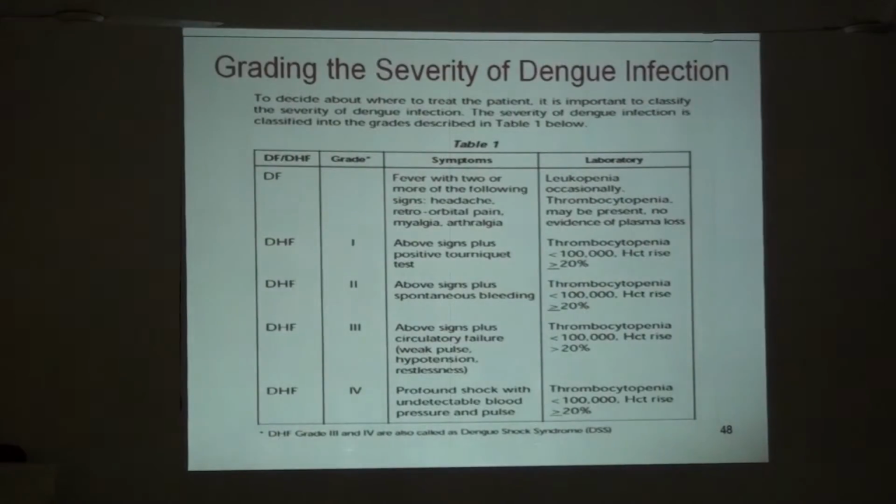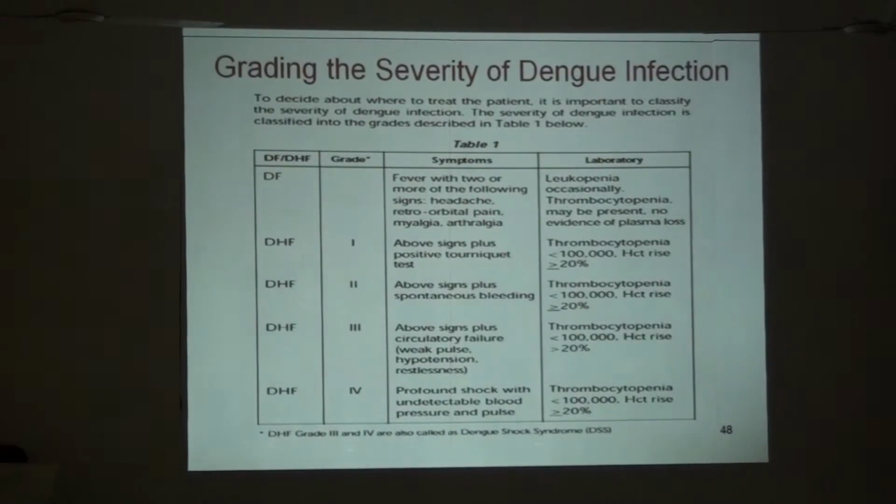Grading the severity of the dengue infection. For the decision of treatment, it is very important to classify the severity of the dengue infection, which is given in this table. Dengue fever: the symptom is only fever with 2 or more of the following signs: headache, retro-orbital pain, myalgia, arthralgia. In laboratory findings, there may or may not be leukopenia, thrombocytopenia may be present, but no evidence of plasma leakage. In grade 1 dengue hemorrhagic fever, all the above signs plus a positive tourniquet test.